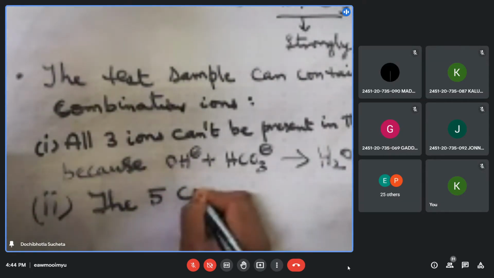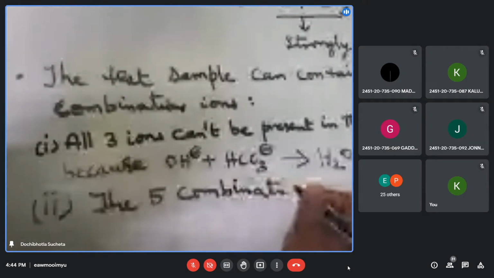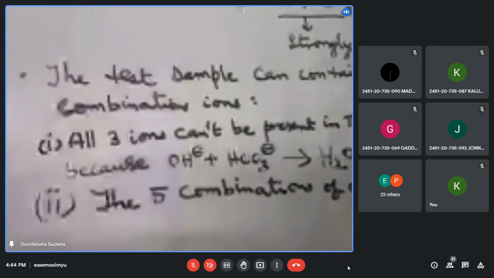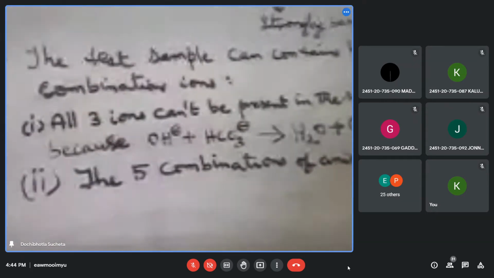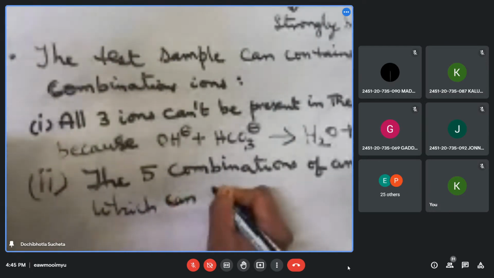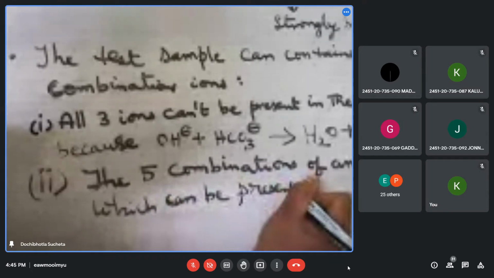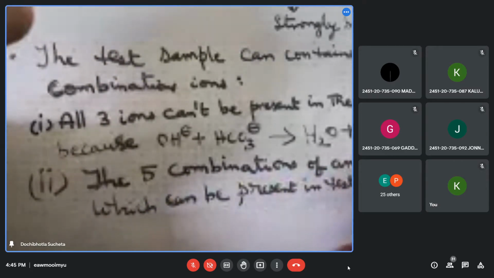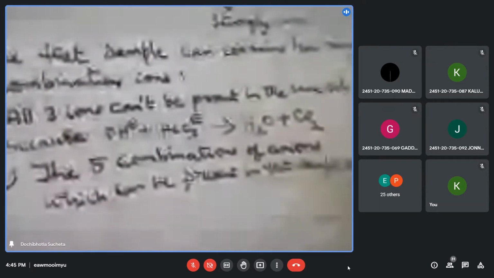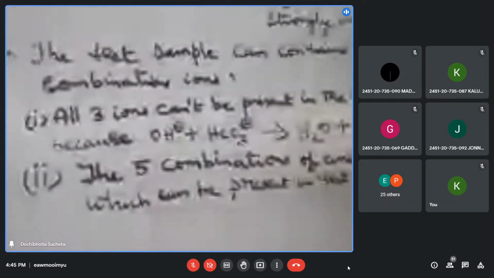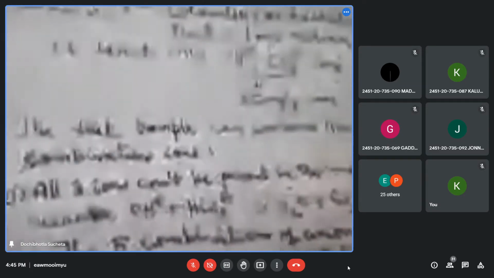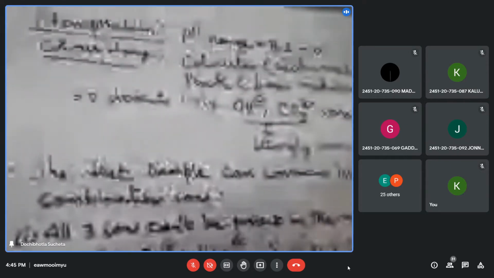The five combinations of anions which can be present in the test sample are... okay, I am writing it at the top. So what are the five combinations that are possible?